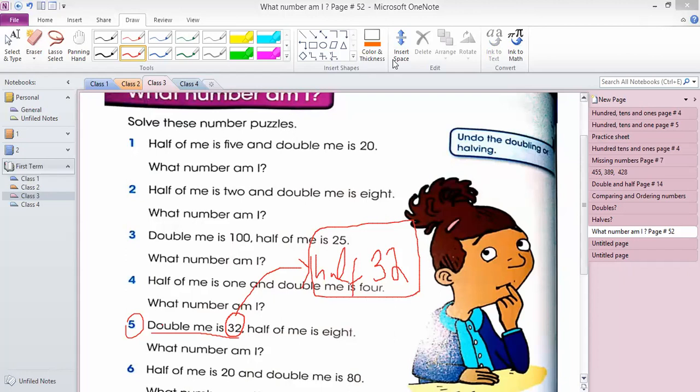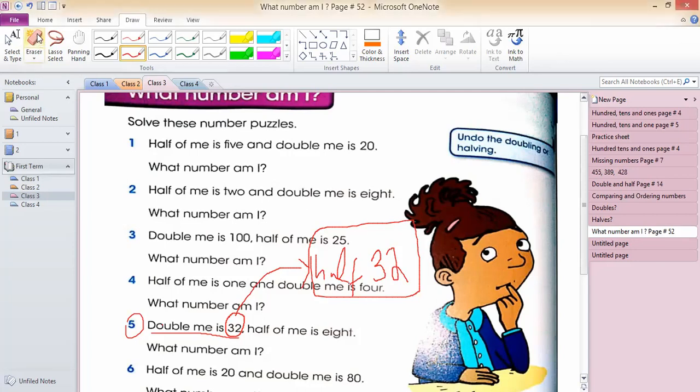What is the number? What number am I? Six? No, it is not six.